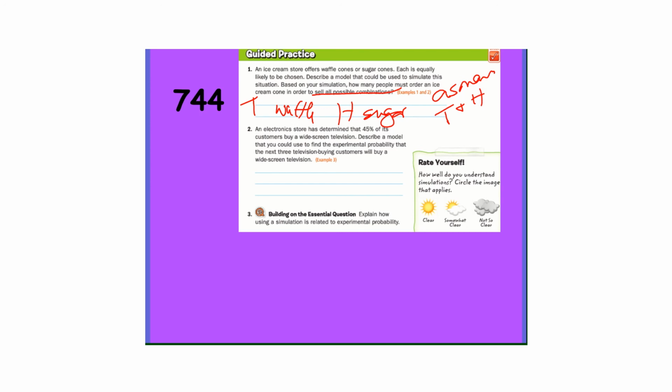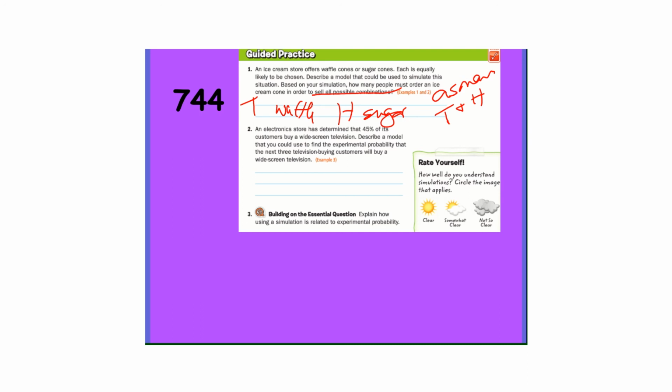Okay? Number 2. Electronics store has determined that 45% of its customers buy widescreen TVs. Describe a model that you could use to find the experimental probability that the next 3 TVs they're going to buy are widescreen. So we need something with 45%.